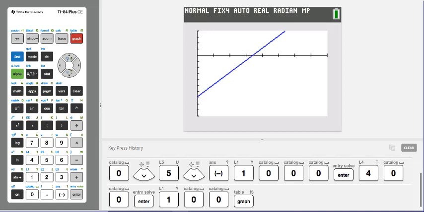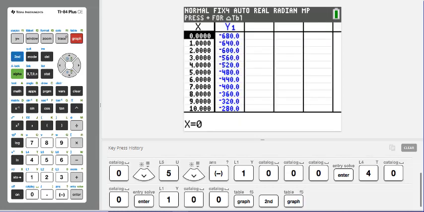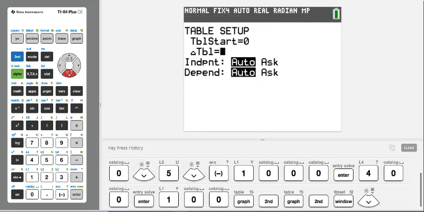Okay, so we can see the x-intercept here, and then there's the y-intercept, right? So that's what we should be seeing. Now let's go to table. I'm just curious, second table setup. We're at $40 per hour, so let's change our table to change by 40.